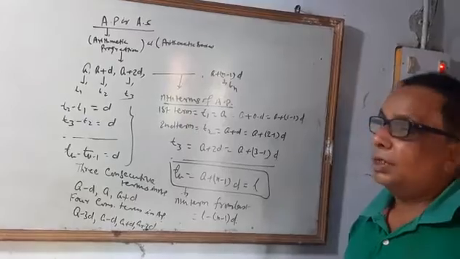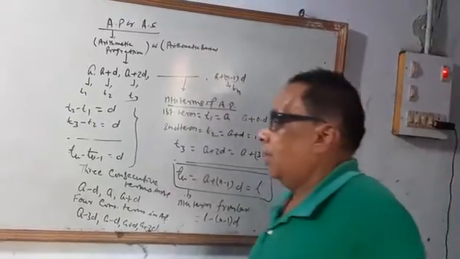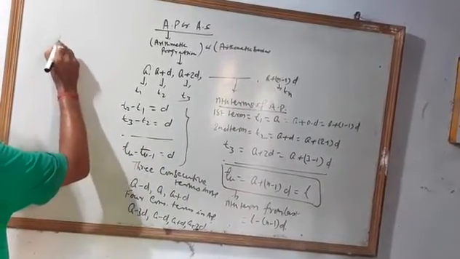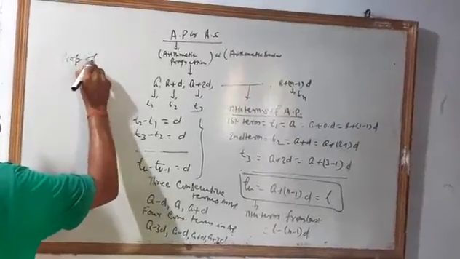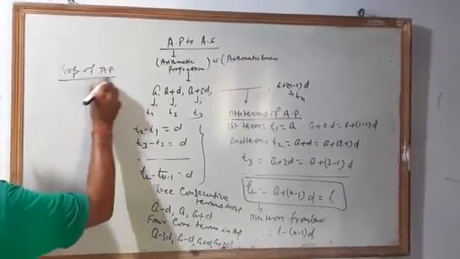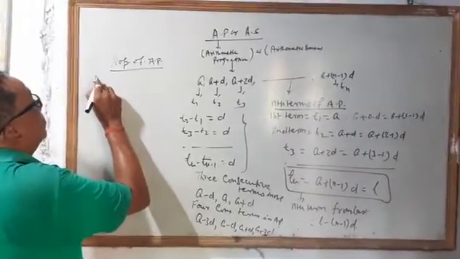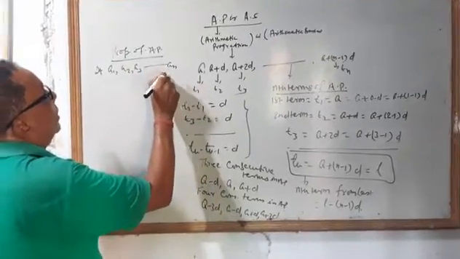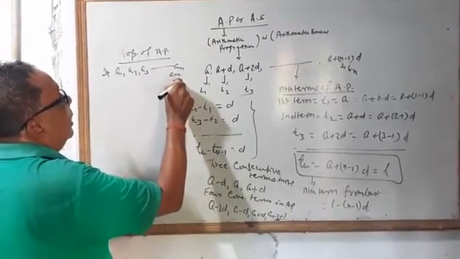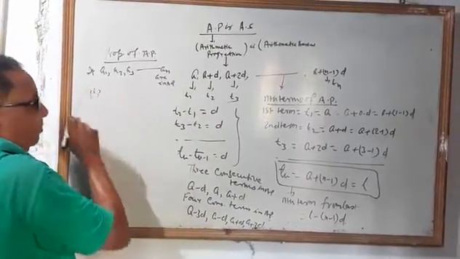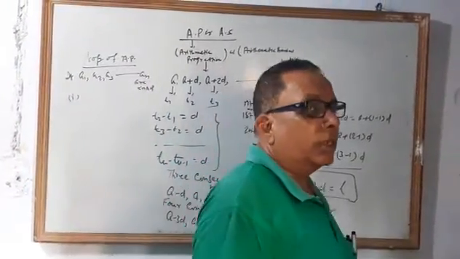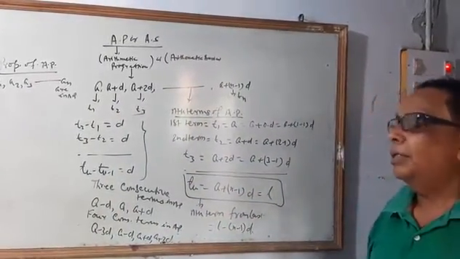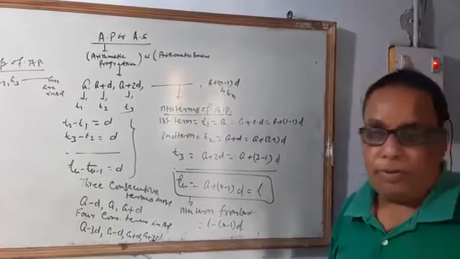Now consider the properties of AP. If you have the terms a1, a2, a3, ..., an in AP, and each term is added or subtracted by the same number, then the result will also be in AP.